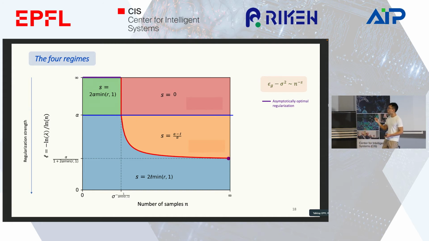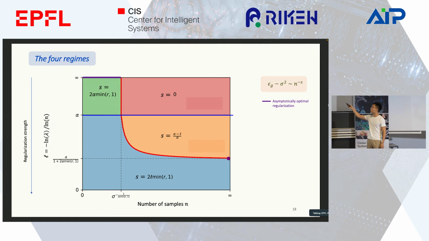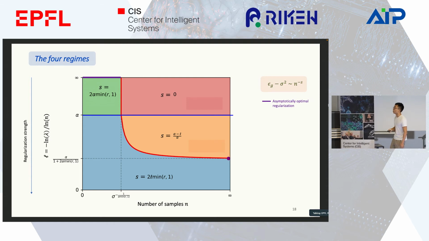And which of these 4 rates you actually observe depends on how large is your train set here on the x-axis, and how much you regularize here on the y-axis. For example, you have a small number of samples and you regularize very little. You end up in the green regime and you will observe a decay rate of 2 alpha min r and 1, where alpha and r, as a reminder, are the capacity and source coefficients.